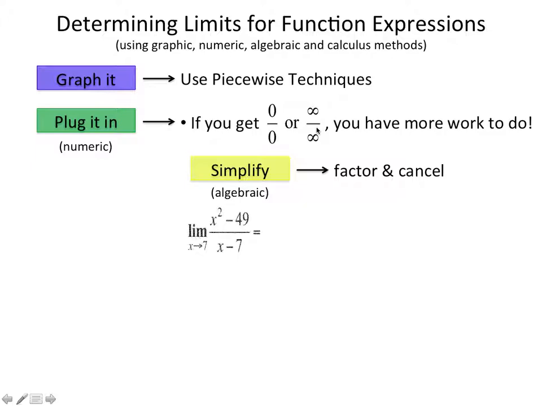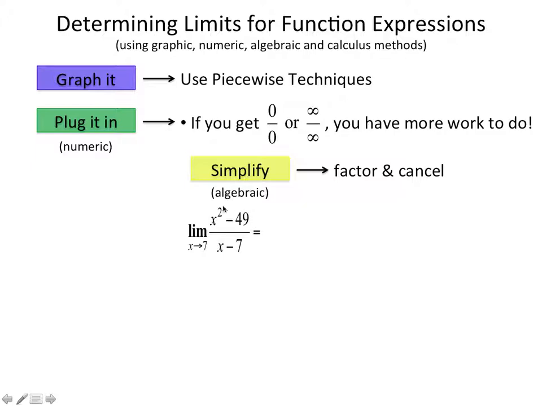So let's take a look at this. If we plug in 7, the top is 0 and the bottom is 0. So that's this scenario, and we can't evaluate that. If one of these were a non-zero number, we could evaluate it, but they're both 0, so we have more simplification to do.